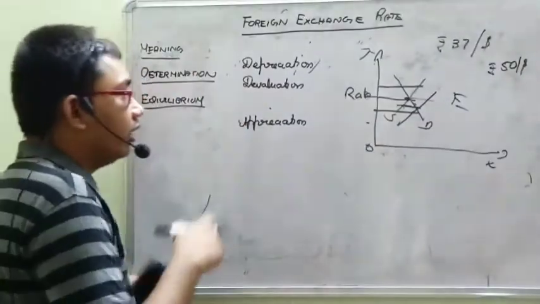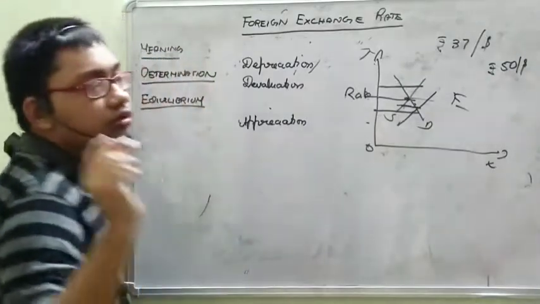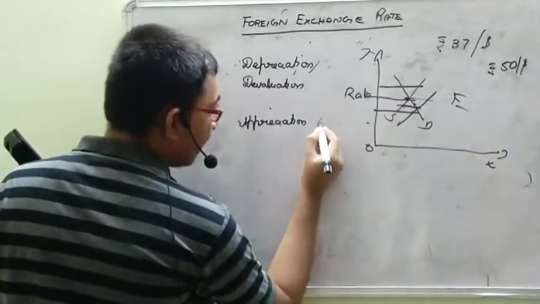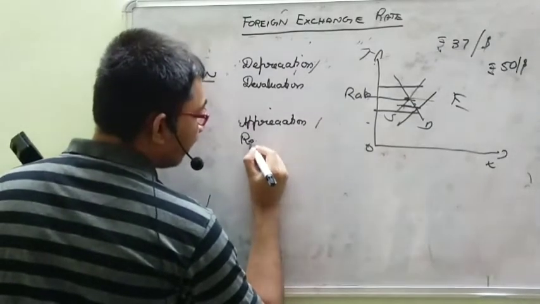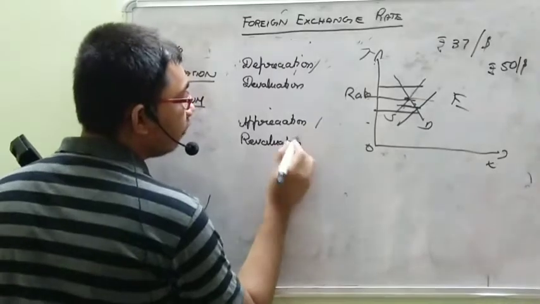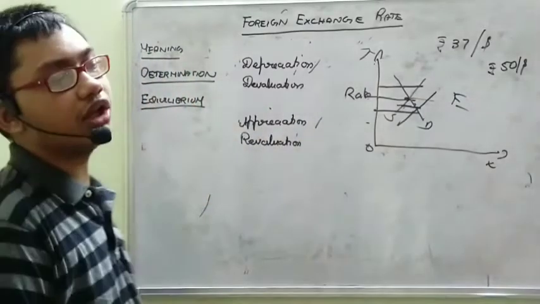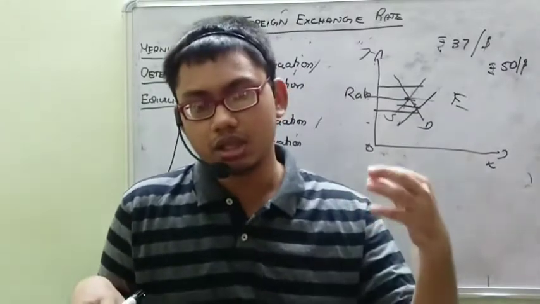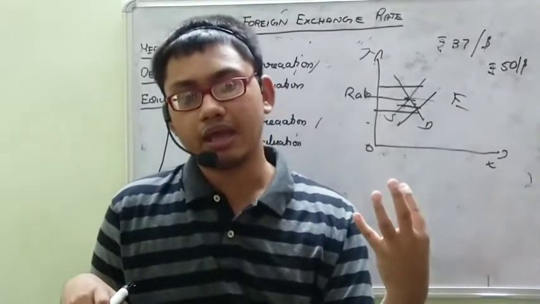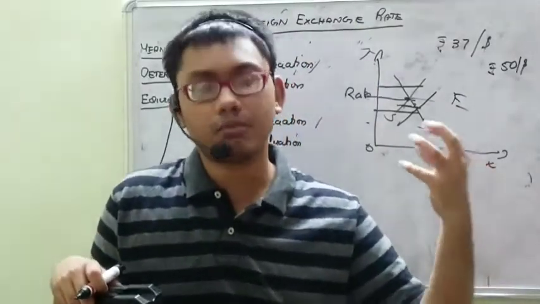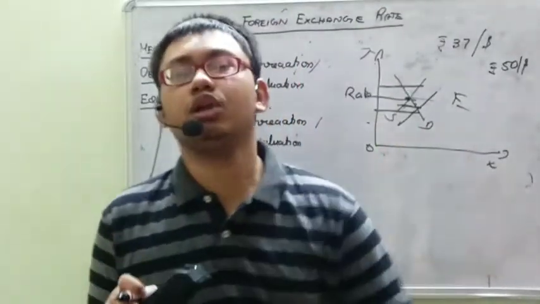Appreciation generally happens due to market forces in floating or managed floating exchange rate. And if it is done by monetary authority, similar to devaluation, if the value of our own currency is increased and the value of foreign currency is brought down by some action of the monetary authority, then it is called revaluation.